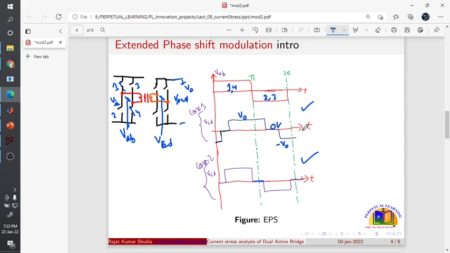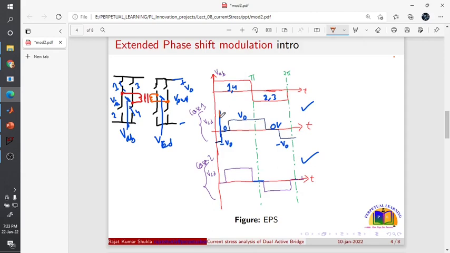I will give you the answer, but before that I want to introduce how the 0 voltage level is possible here, and which type of pulses you have to apply to introduce the 0 voltage switching sequence, because there are minus V0, 0 and V0, so three voltage levels.